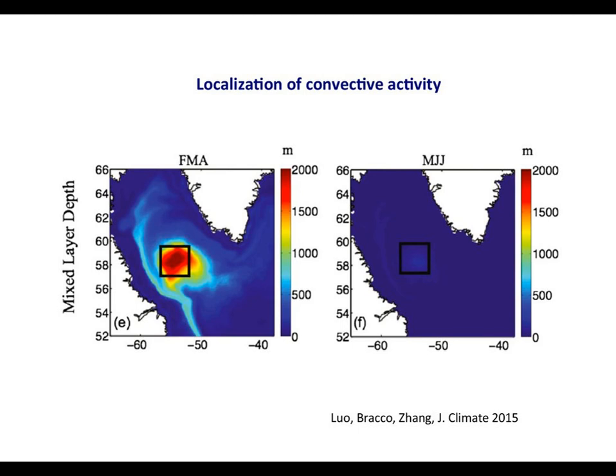The localization is due to heat fluxes, and it's essentially linked to the topography over land and over Canada, where cold air comes through. It's not linked, for example, to sea ice positioning.